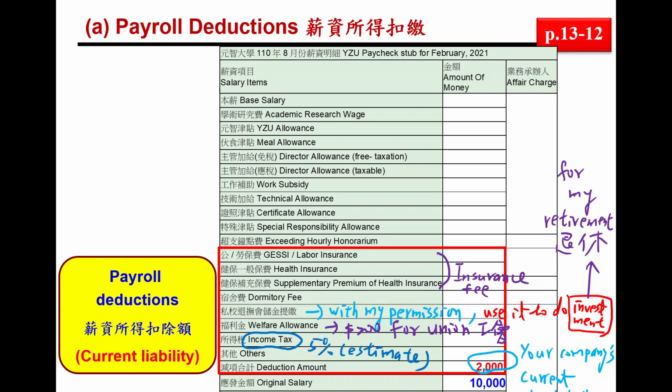I cannot take that $2,000 each month. But still, that $2,000 doesn't belong to the school, right? So the school keeps that $2,000 and will pay it to different organizations. Okay, so we talk about this case. Any questions?